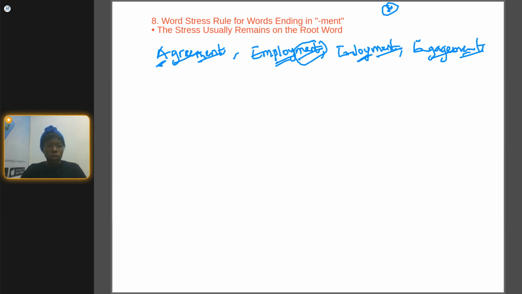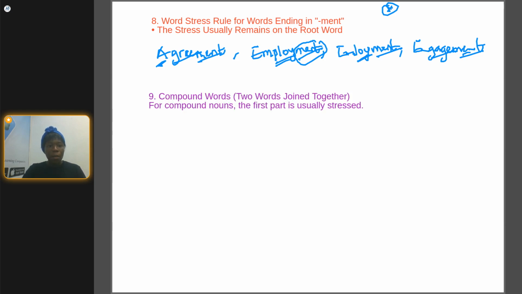So we move to the next rule, and that's compound words. Rule number 9, compound words. All right, so for compound words, the first part is usually stressed.